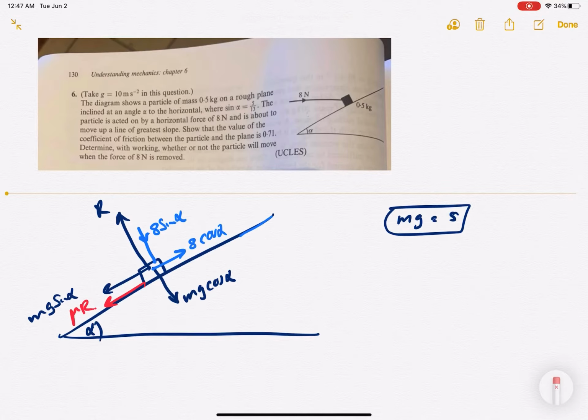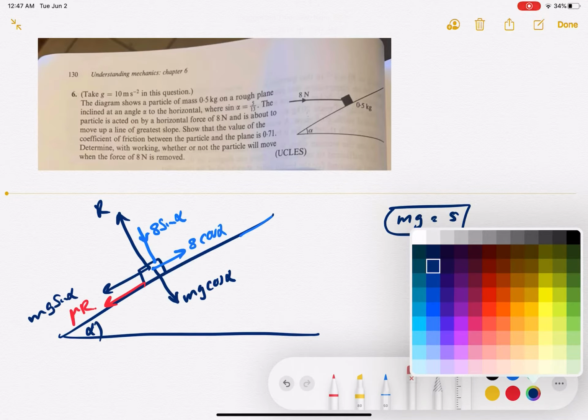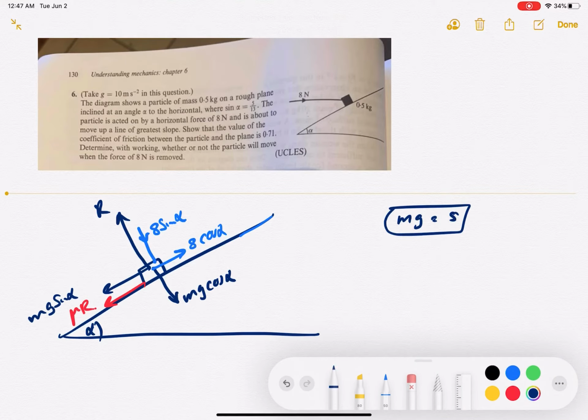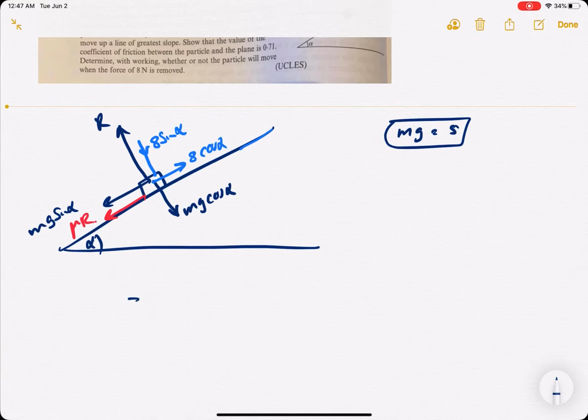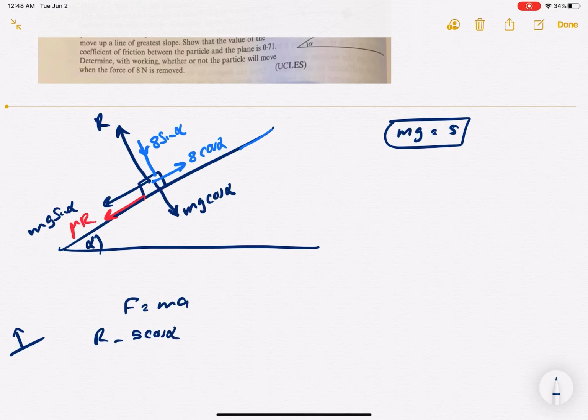Now we can apply F equals ma. First, perpendicular to the plane: R minus 5 cos alpha minus 8 sine alpha is equal to 0. So R is going to be 5 cos alpha plus 8 sine alpha.